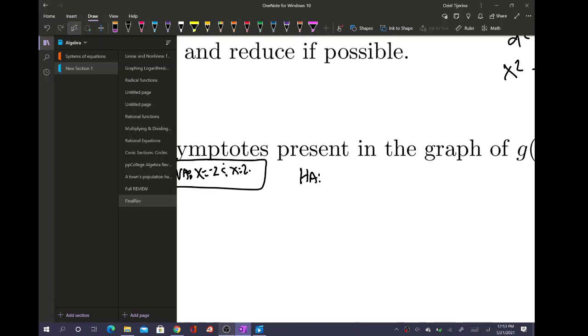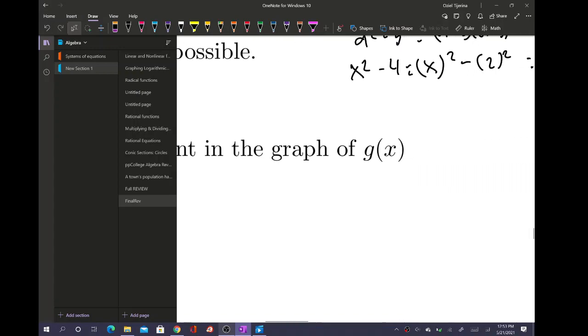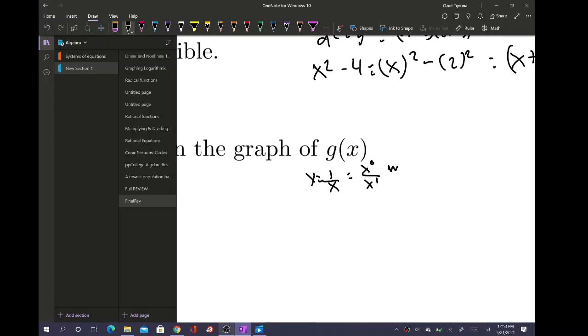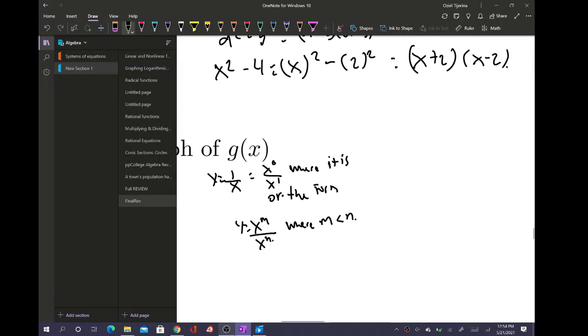Because if you think about it, if we look at for example the equation y equals 1 over x, this is equal to x to the 0 over x to the first, where it's of the form y equals x to the m over x to the n, where m is less than n.